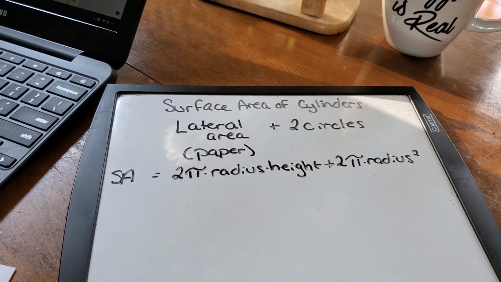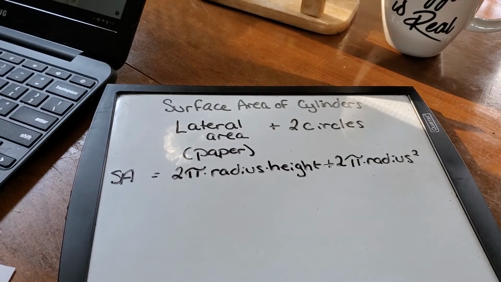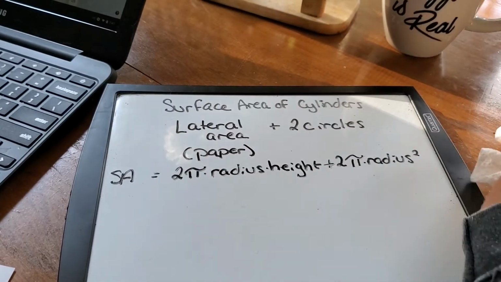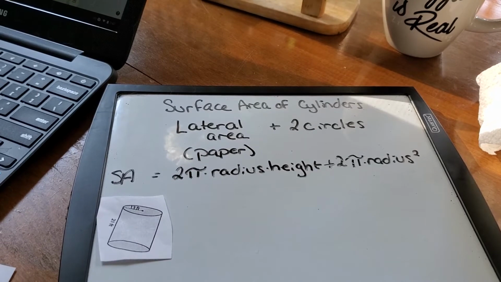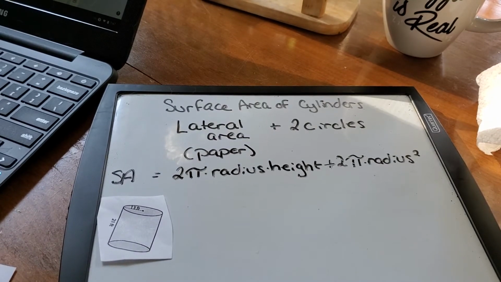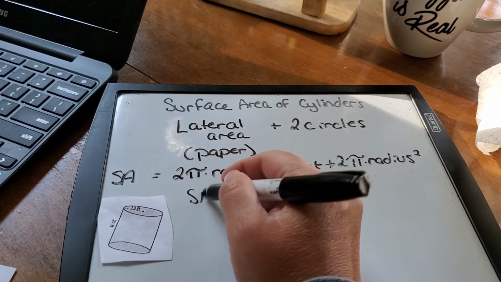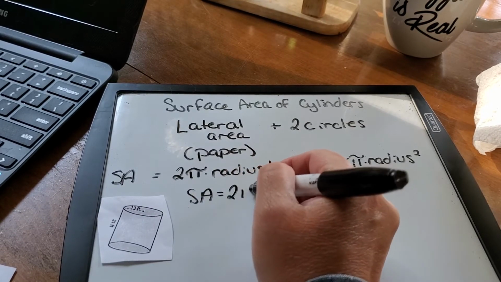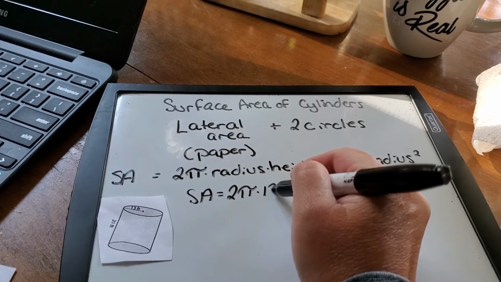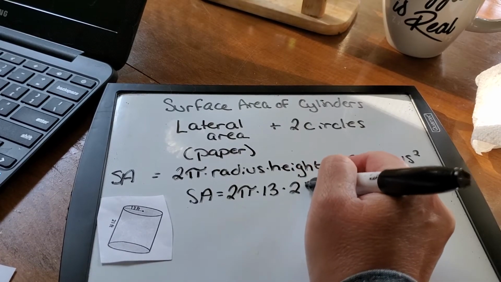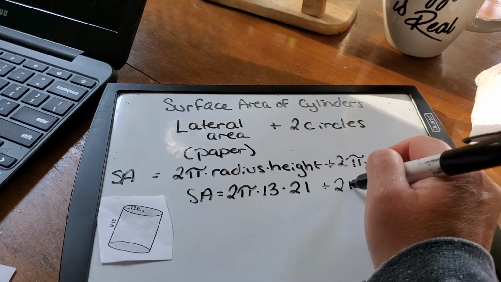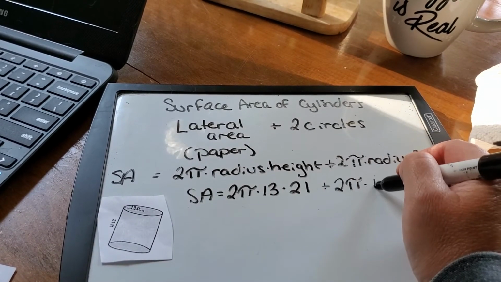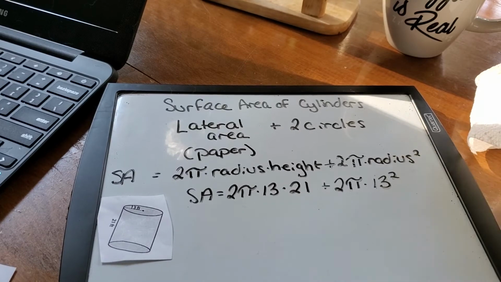Let me get an eraser. It does take up a little bit of room. It is a little bit tedious. But here's a cylinder. It has a radius of 13 feet and a height of 21 feet. So to find the surface area, I'm going to do 2 times pi times the radius, which is 13, times the height, which is 21, plus 2 times pi times the radius, which is 13, squared.